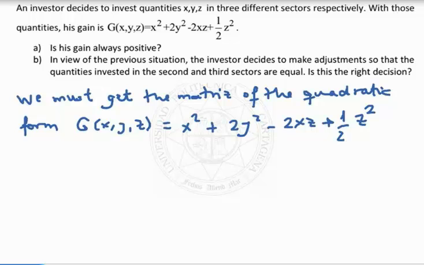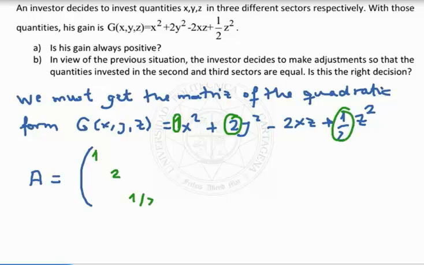To get this matrix, we must substitute the values as can be seen in this video. The minus 2 of the X times Z must be divided by 2 and allocated in the position stated.